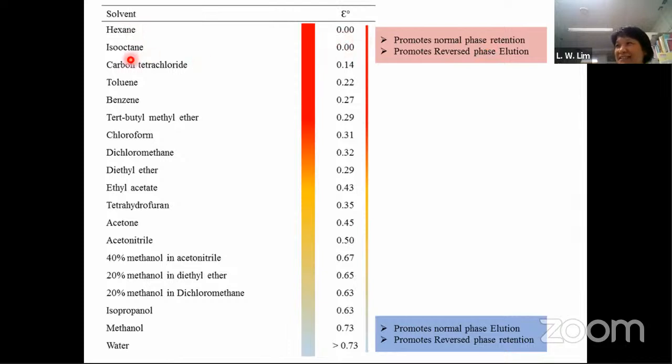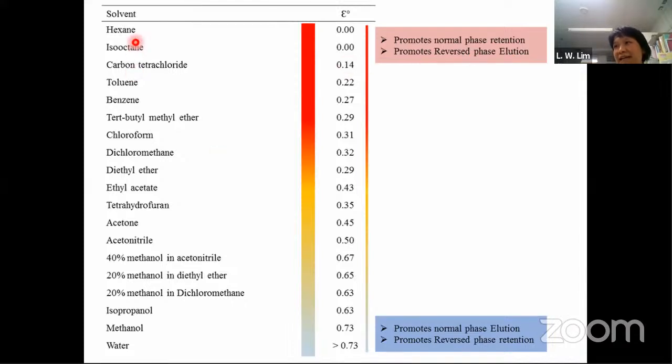We don't use isooctane so much because hexane is cheaper and better, so it's easier to use hexane here. In other words, hexane cannot promote retention in reverse phase. It will elute the sample.